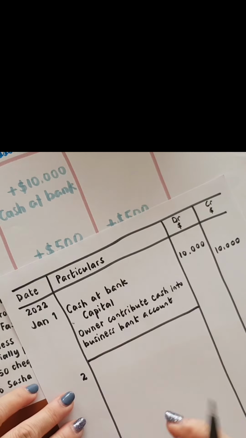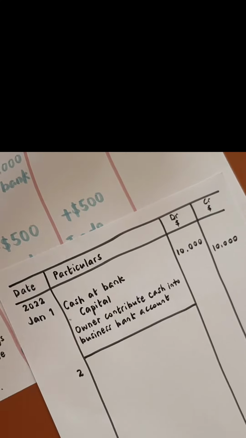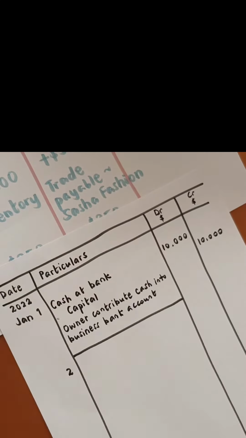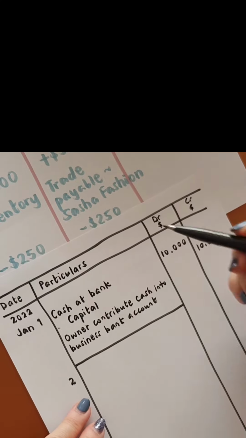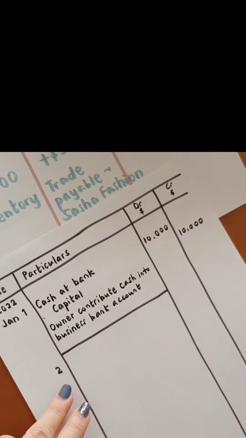For the next transaction, it's still January, so I just write too close to this line. So that's January 2nd. Over here, assets increased and the liabilities increased as well. Liabilities increase is still a credit, and assets increase would be a debit.